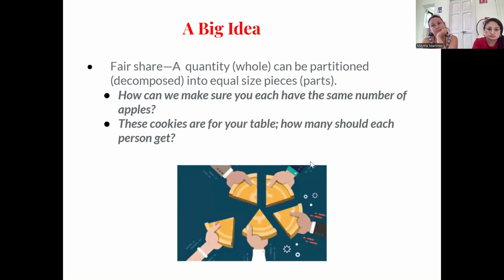This big idea is more related to division. It's a fair share, meaning that a quantity, a whole, can be partitioned or decomposed into equal size pieces or parts. And we call this a fair share. So when you're dividing a number in elementary grades, we always focus on whole numbers.